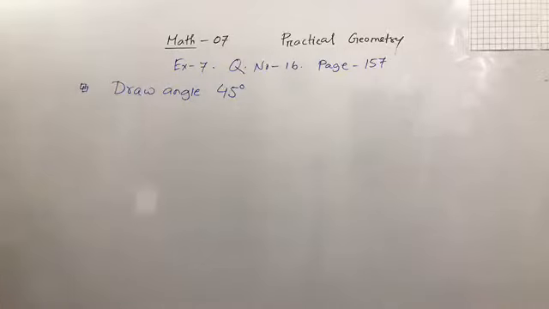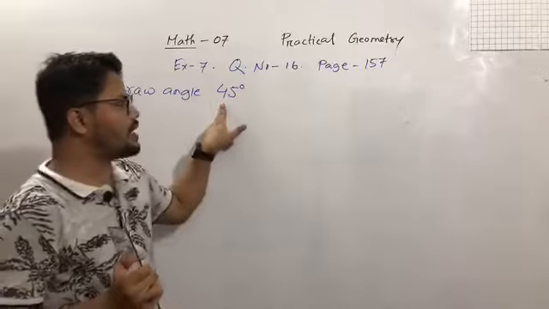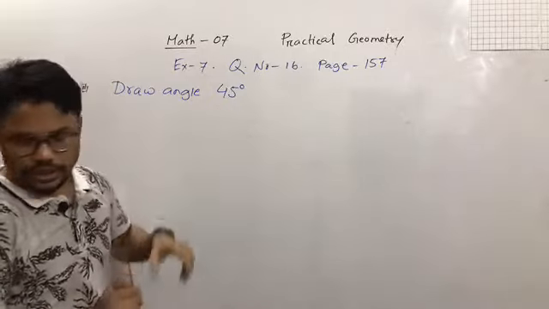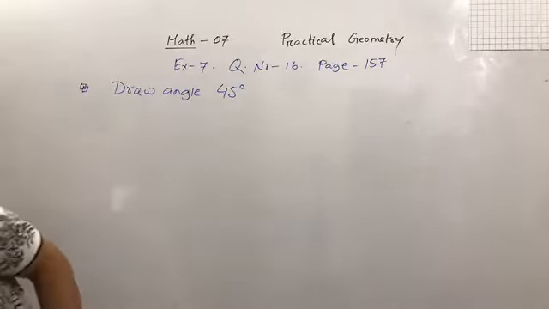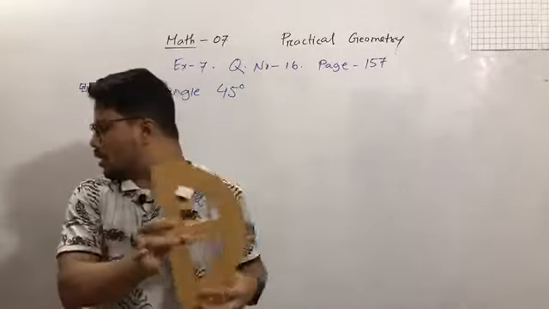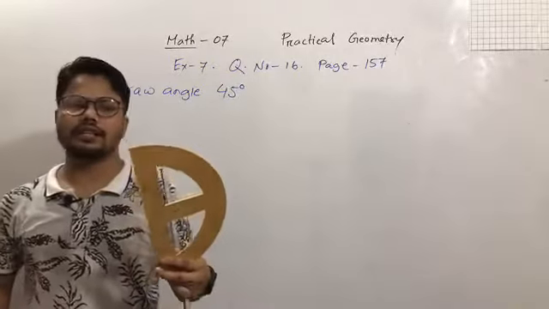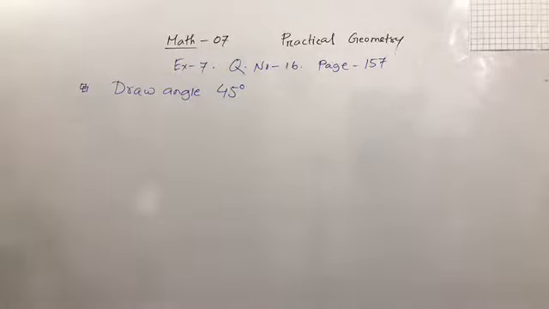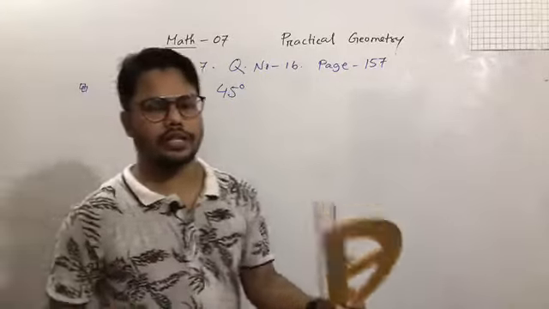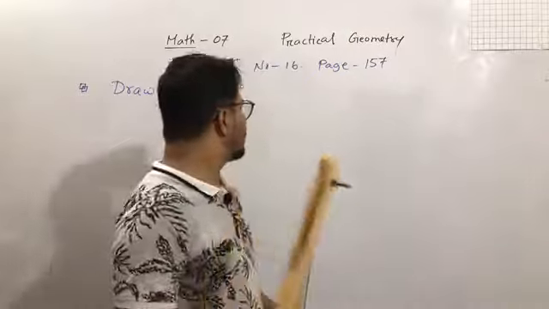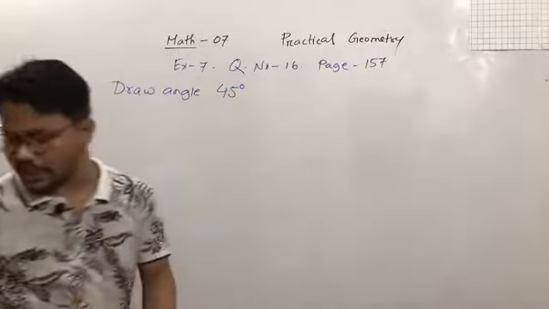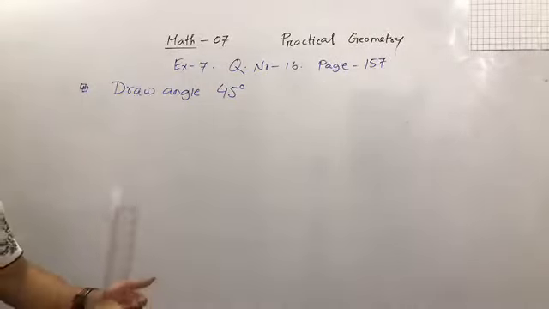Okay, my dear students, 45 degree angle is our requirement without using protractor. Only using the pencil and compass, you have to draw angle 45 degree. This is our requirement.